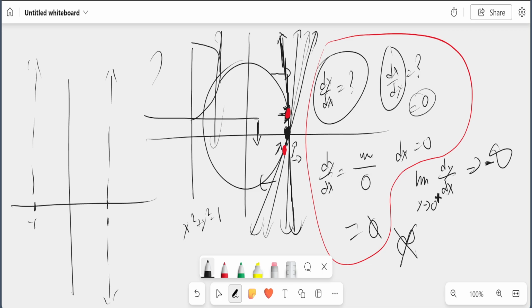I'm not talking about dx dy, I'm talking about dy dx. You would have asymptotes here, and here you can see it's horizontal, so you'd have 0 here, and then here you get negative and positive. It would look like this. It looks really weird, but it looks like that.